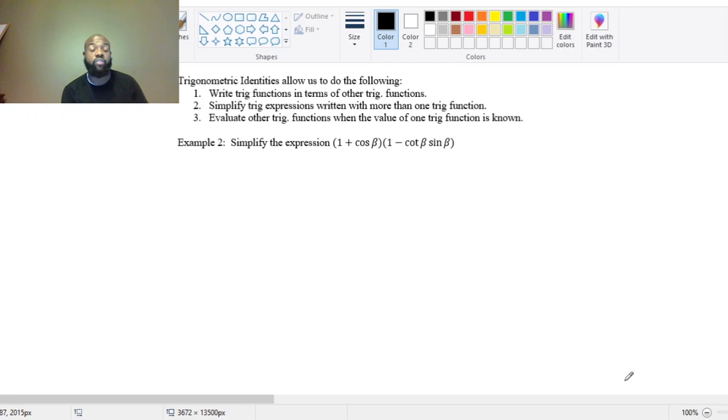We're going to start with this second example here. We can simplify the expression 1 plus the cosine of beta times the quantity 1 minus cotangent beta sine beta. Now with this, our angle here is beta. Notice that each of those trig functions is evaluated at the same angle, beta.